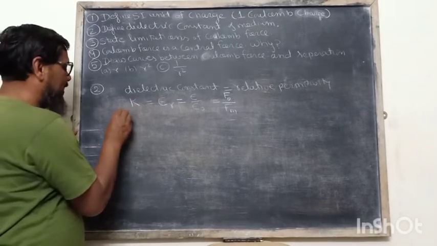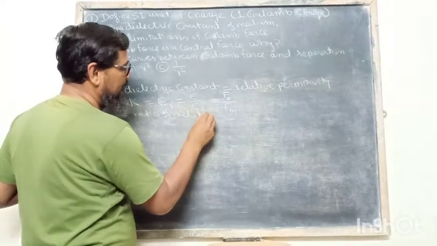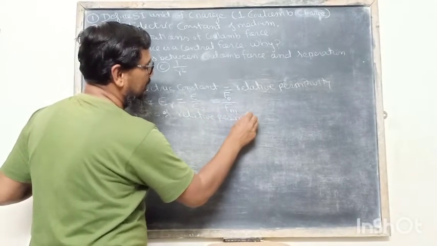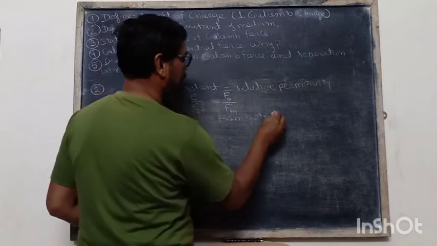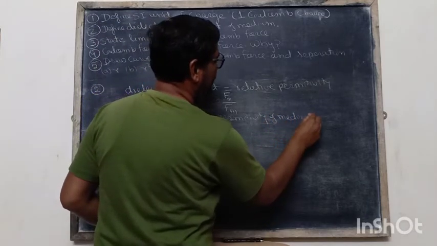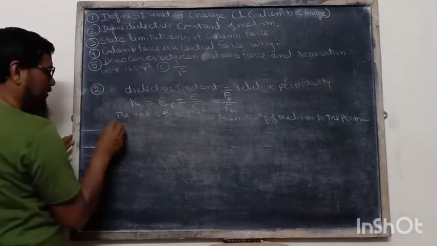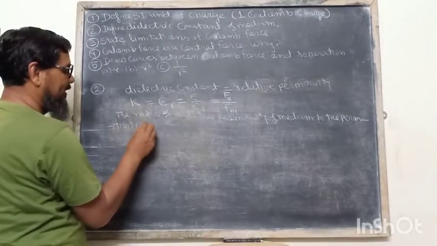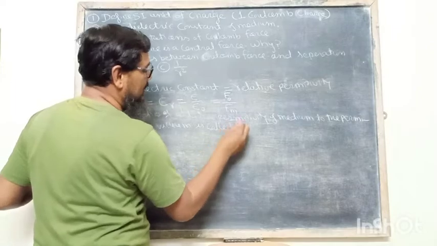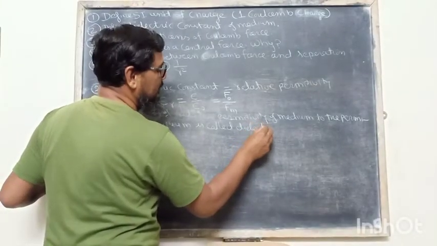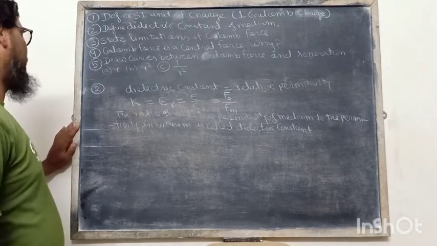I am again writing: the ratio of permittivity of medium to the permittivity in a vacuum is called dielectric constant or relative permittivity.